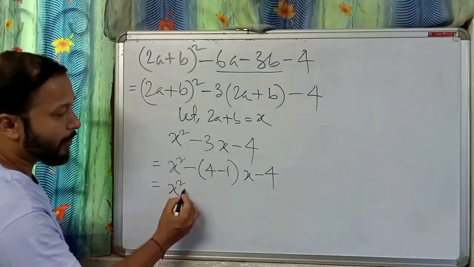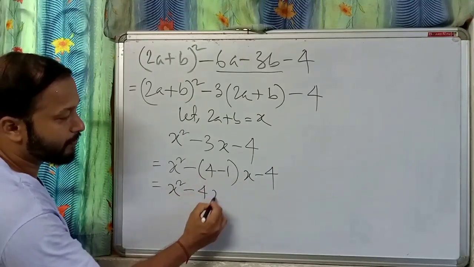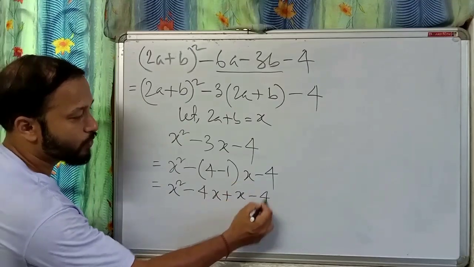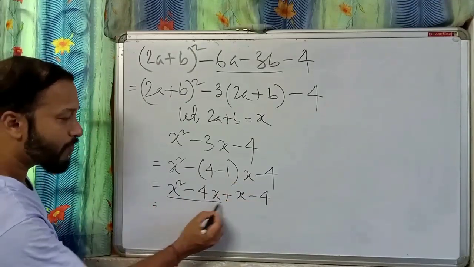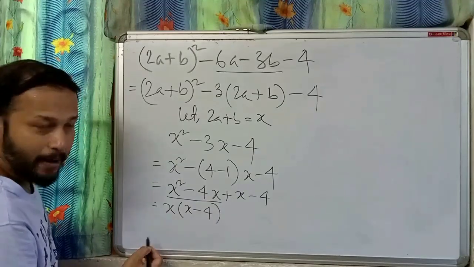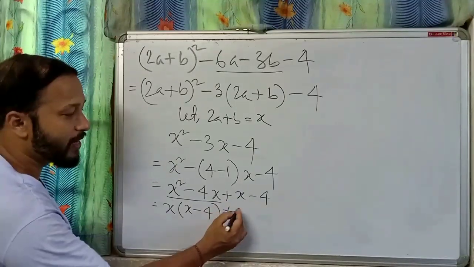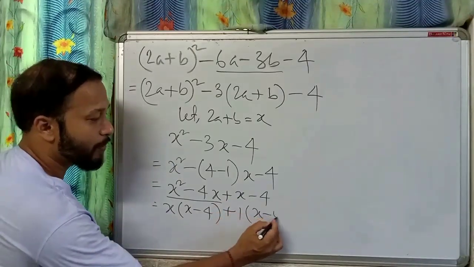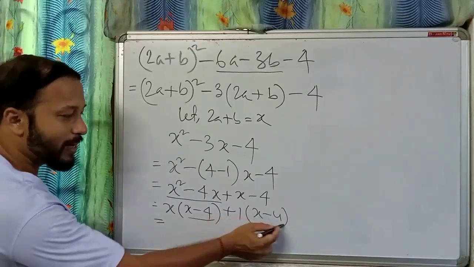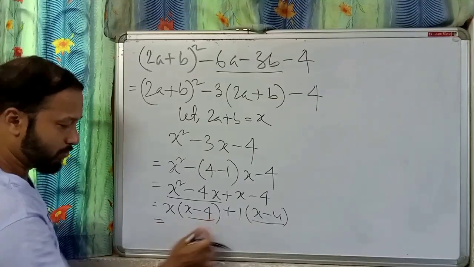So x square minus 4x plus 1 into x minus 4. So what is common from here? x is common. So x minus 4. Plus what is common from here? 1. That is x minus 4. So what is left? x minus 4, x minus 4. Okay, both are same.